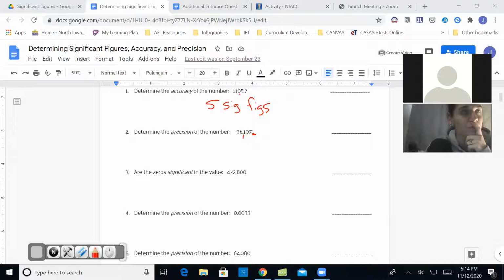And we have to find the decimal point. So the decimal point is between the 6 and the 1. The first place after the decimal point is always the tenths place. So it's tenths, hundredths, thousandths. This last one here is ten-thousandths.